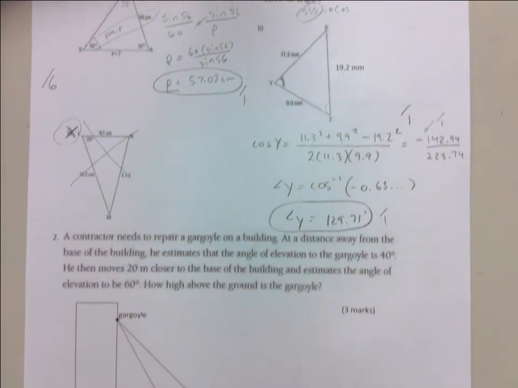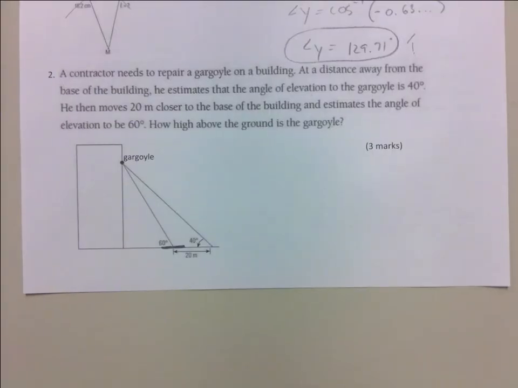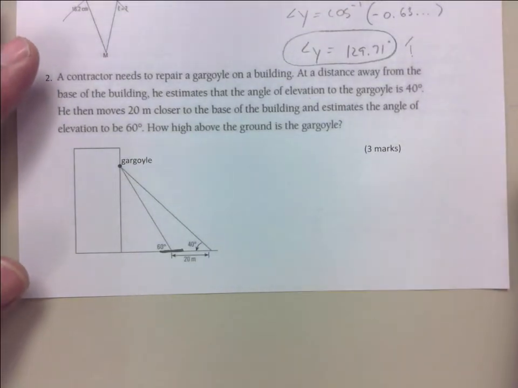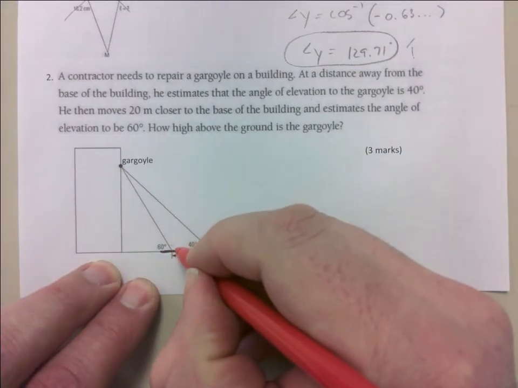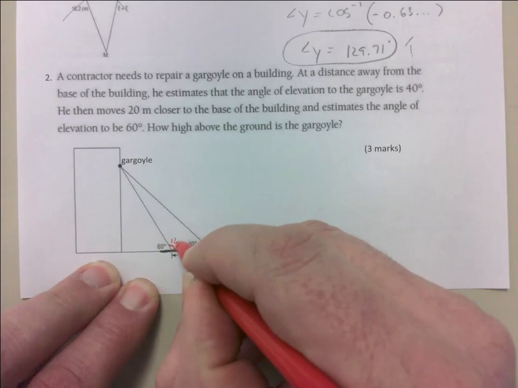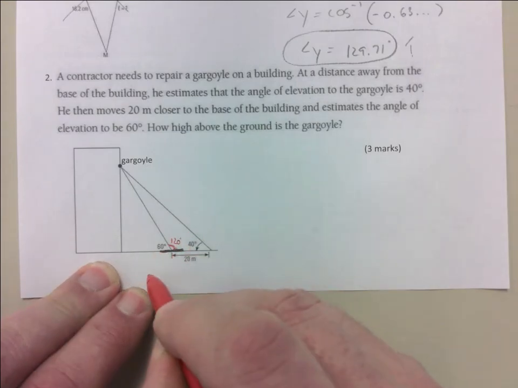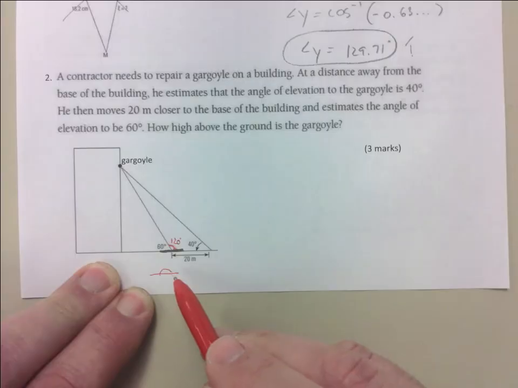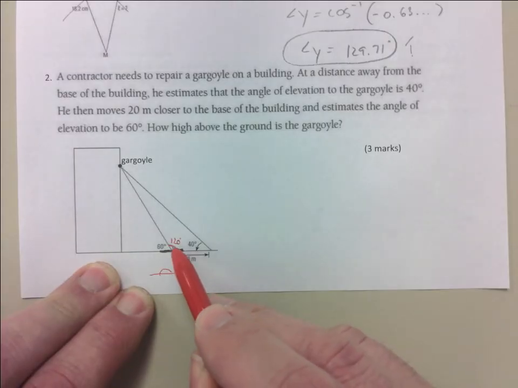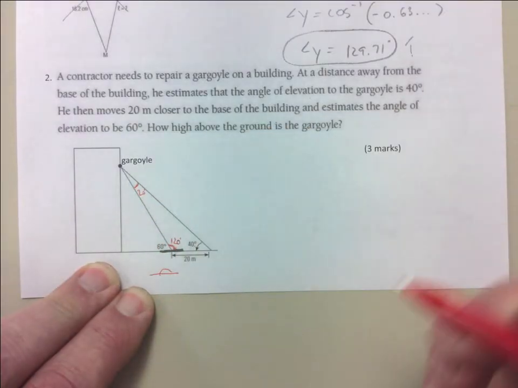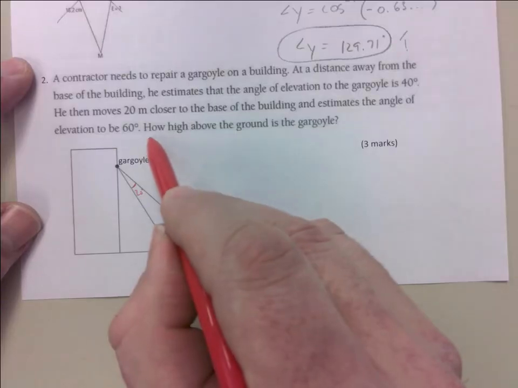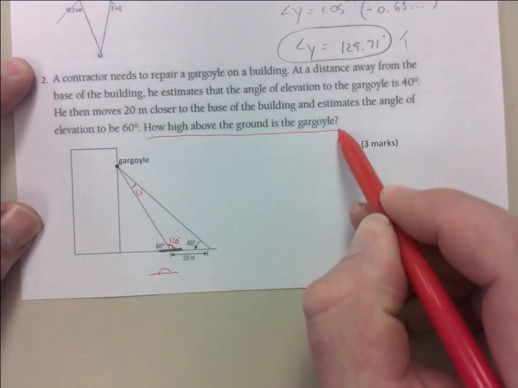Okay. Next we'll do this one. It all started right here. Okay. We know that this is 120 because we've got a 180 situation right there. This adds up to 160, which means that this is 20. Ultimately, it wants this. How high above the ground is the gargoyle, right?